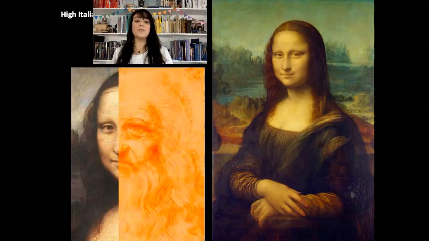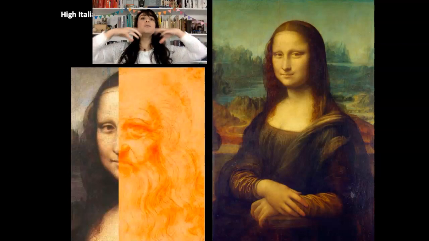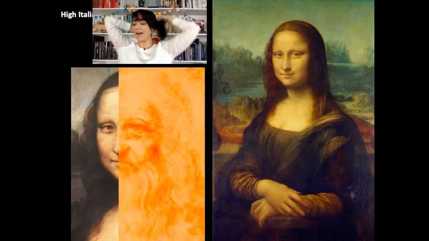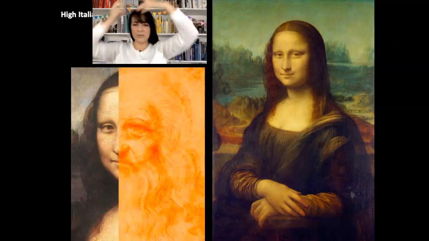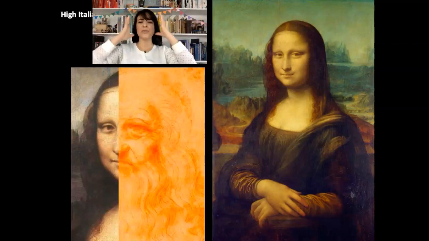For a proper woman to be out in public in Florence at this time, you would have your hair in elaborate coiffures. They would be braids and ribbons and bows, and there'd be pins and pearls and jewels, and it would be a statement of your status. Your hair down is not only showing you in a relaxed state, but was often associated with looser women, women of the streets, prostitutes.